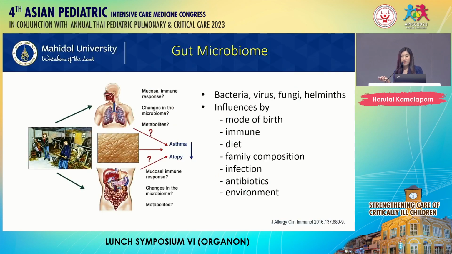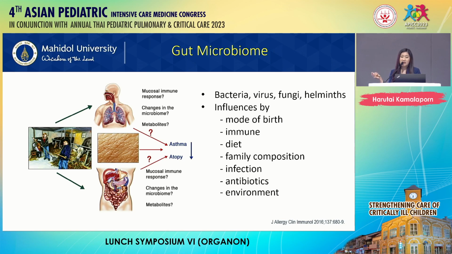With the gut microbiome, I mentioned before, the bacteria, viruses, fungi, and helminths at some point are beneficial for the kids, if they have contact in a small amount, they should be fine. But actually, the gut microbiome is influenced by the mode of birth. Vaginal delivery is better than C-section.